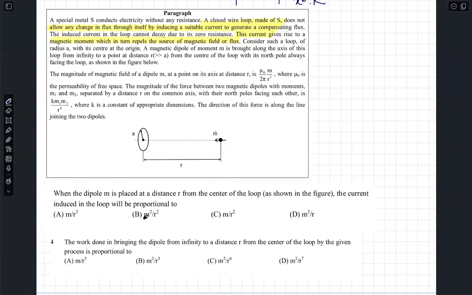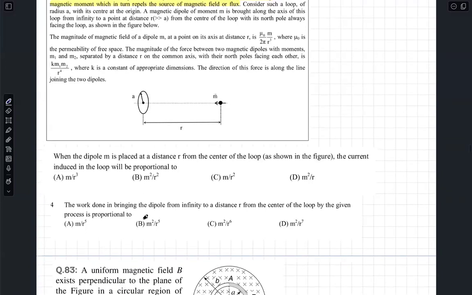I hope you are doing. I think this one is the question given in 2021.